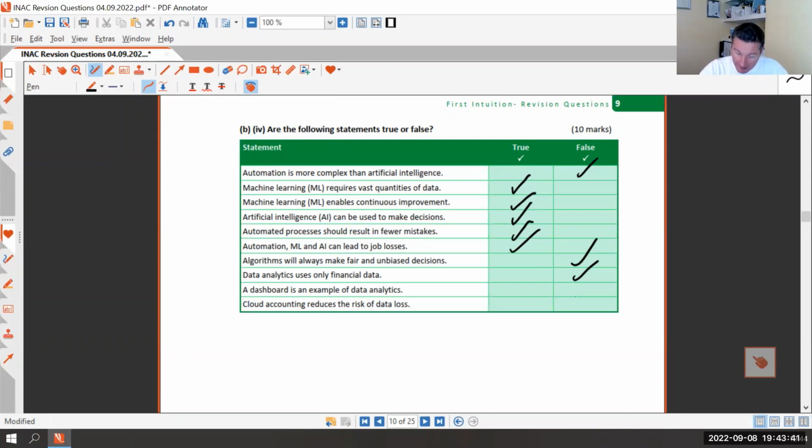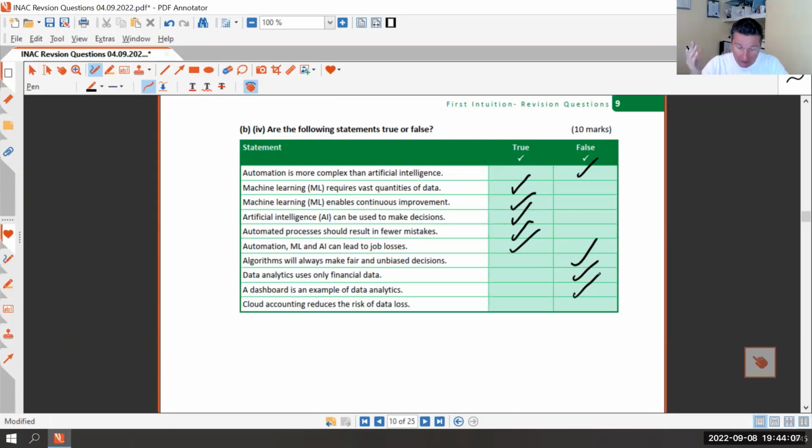The answer is there may be data analytics behind it, but the actual dashboard itself is the data visualization of what you can see. So it might have data analytics analyzing things and coming up with data, but the dashboard is what you log in and see the information. So that is the data visualization bit.